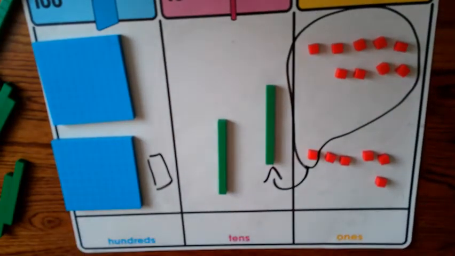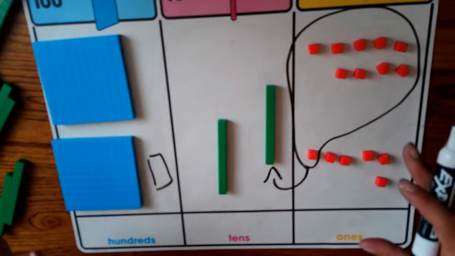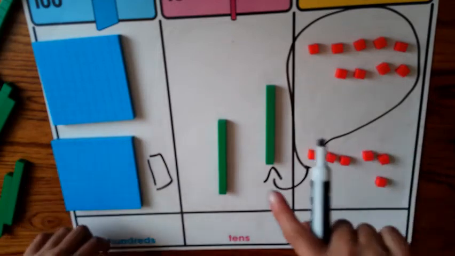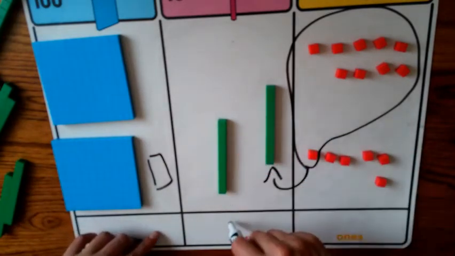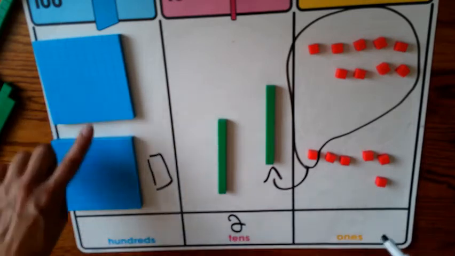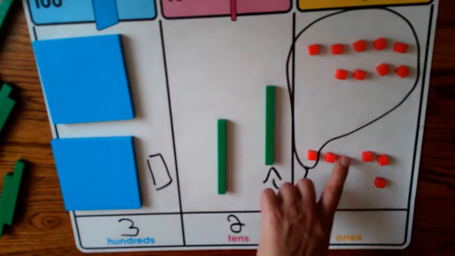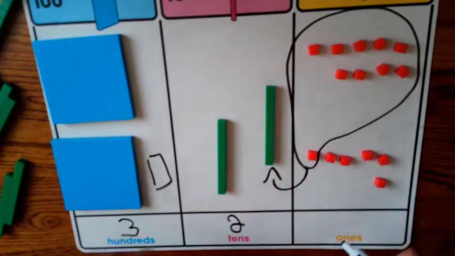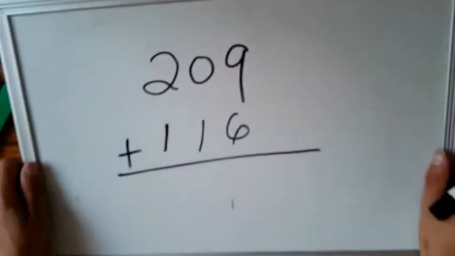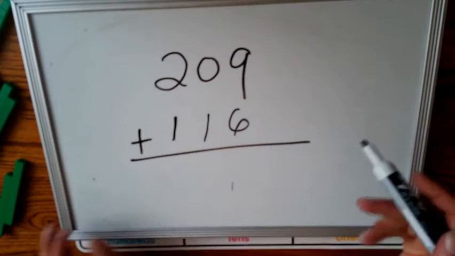Awesome. Okay. Let's figure out how many 10s we have in the tens place. We have 1, 2 10s in the tens place, and 1, 2, 3 hundreds in the hundreds place. Don't forget your ones place. We have 1, 2, 3, 4, 5 ones in the ones place. Okay, let's practice that over here.